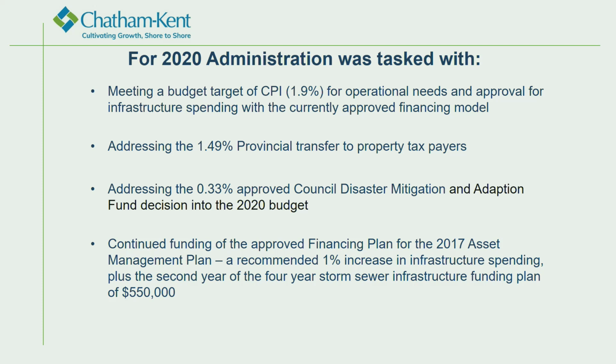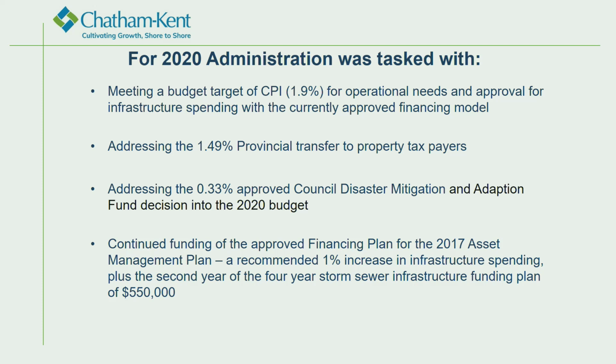And that is exactly what our plan was to do all along. So that would have been ideally coming in at around 3.5, 3.6%. It was, but then along came the provincial transfer to property taxpayers.